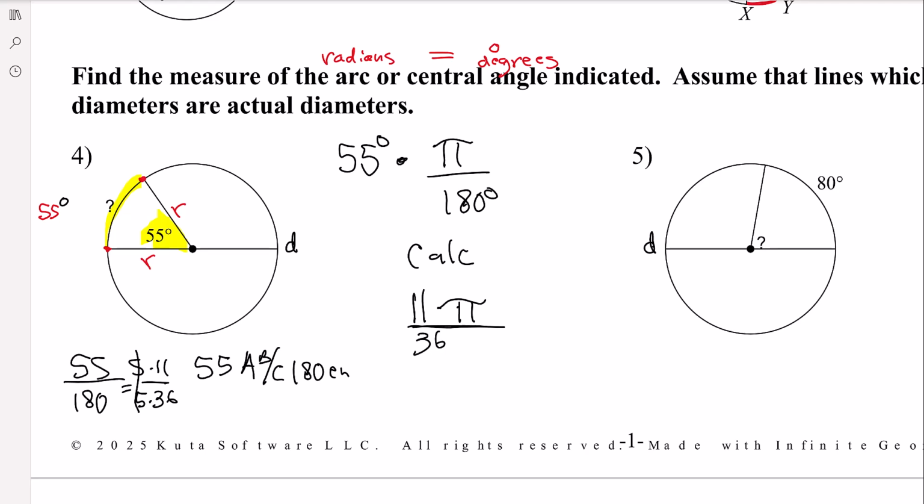On your calculator, you're going to see 11/36. But remember, this pi up here, you need to write right there in the fraction. So 11 pi over 36 is, this is in radians, this is the measure of the arc. Okay.